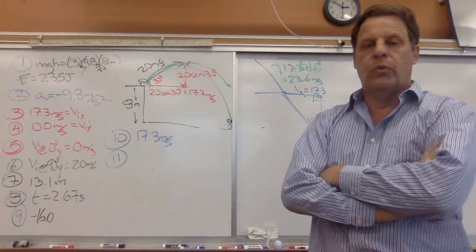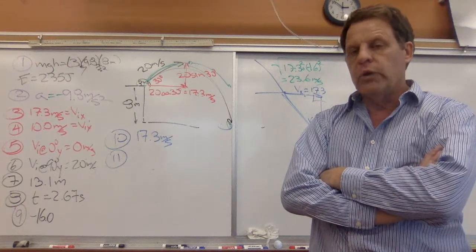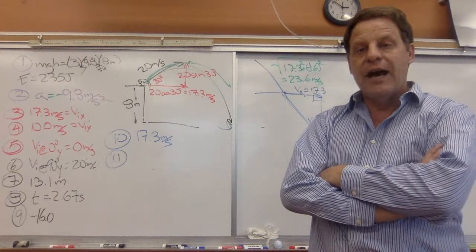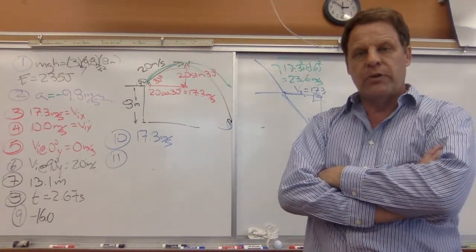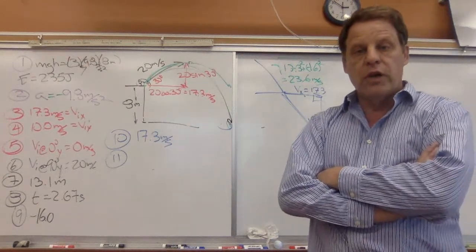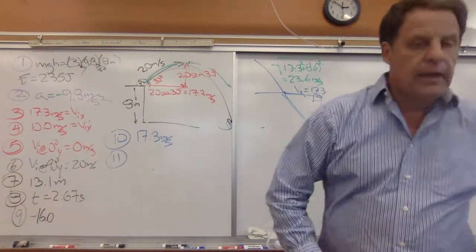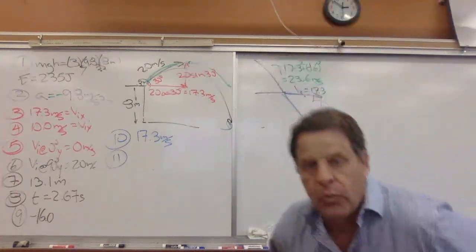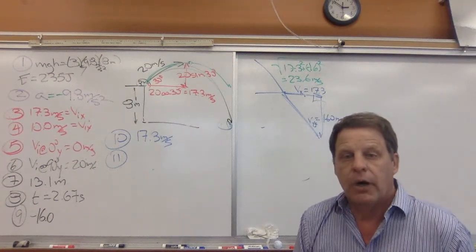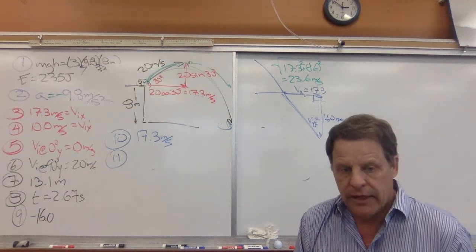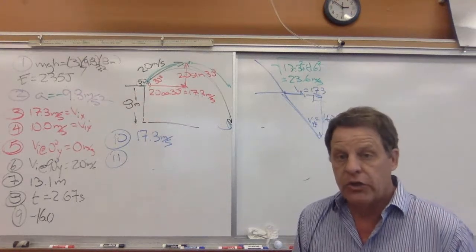If you're way off any of the choices, you want to double check, but you will see a choice that says none of these. My intention is not to purposely put none of these, but as you know, doing physics problems, it's really easy to mess up, and it's really easy for me to mess up when I'm making a test. So I'm always going to put none of these, which is typically not going to be the answer, but it could be.